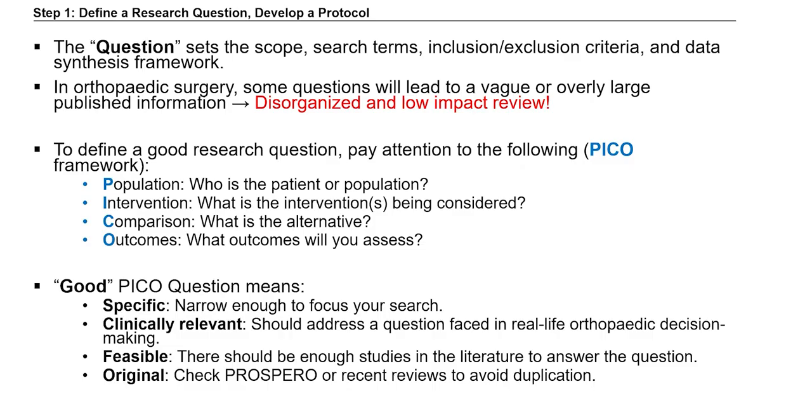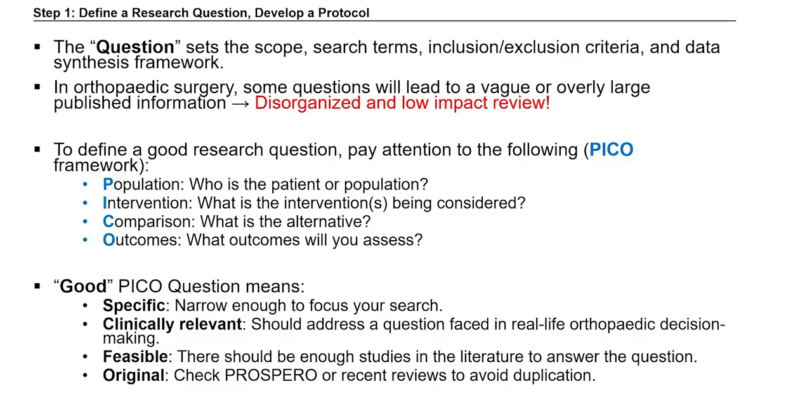So a good PICO question should be specific, clinically relevant, feasible, and original. Specific means it should be narrow enough to focus your search, so you don't bump into thousands of papers and a huge body of literature to review.